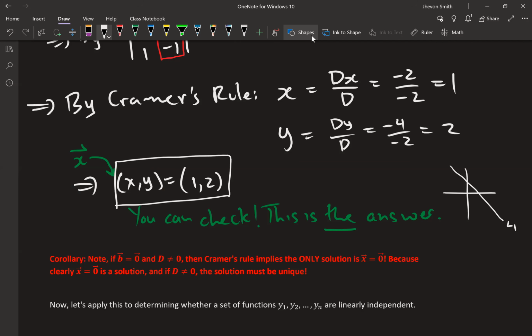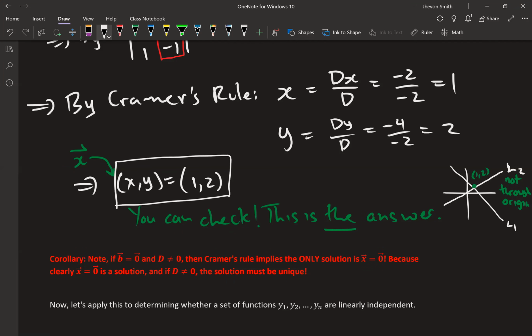And then you'd have another graph that looks like that. That would be the graph for the second line. You'll notice that the point where they meet will be the coordinate 1 comma 2. That's very small. This shouldn't go through the origin, but I don't want to redraw it.